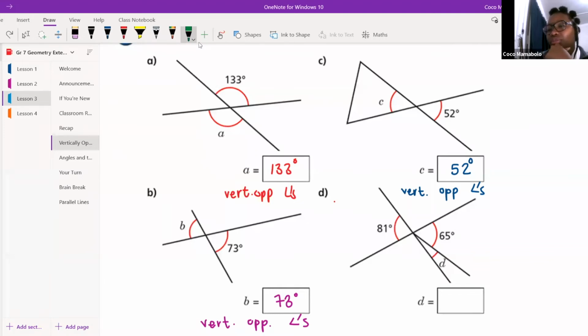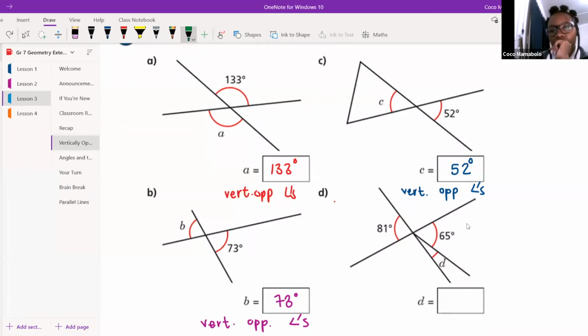Letitia, do you think you know? Yes. Okay, let's hear. What is D equal to? Because a straight line is equal to 180. So I take 180 and subtract 65 from 180.